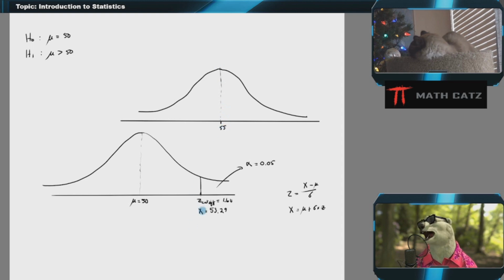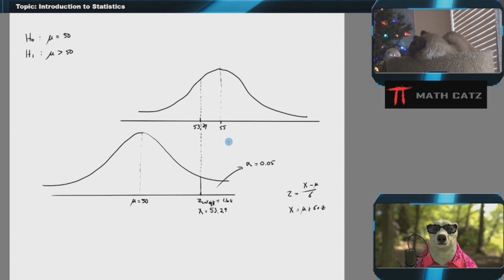And because my cutoff was 53.29, the predicted mean was 55, it's necessarily going to sit a little bit to the right of that cutoff raw score. That's over here at 53.29. So if the null hypothesis is false, it's not true, the research hypothesis is true, this is actually the distribution that is happening.